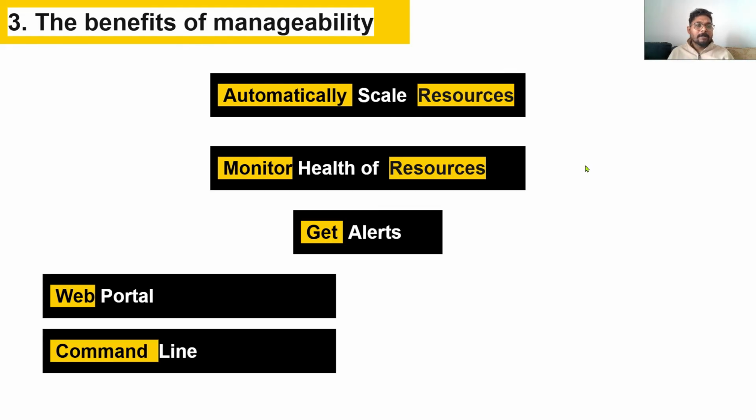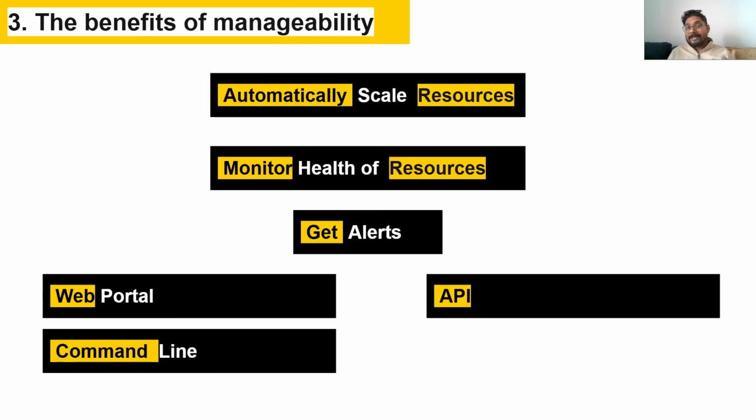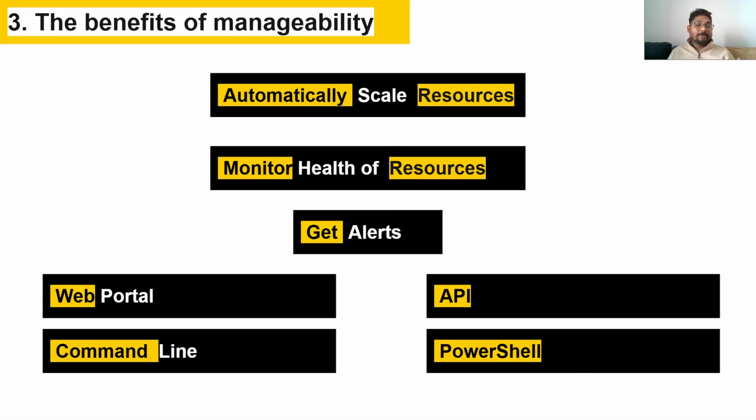However, there are other options also. For example, manage it using the command line, using APIs, using PowerShell. There are also different options available for you to manage the entire Azure cloud services.